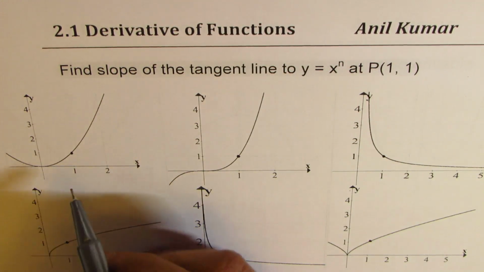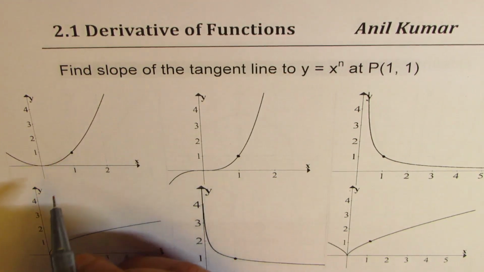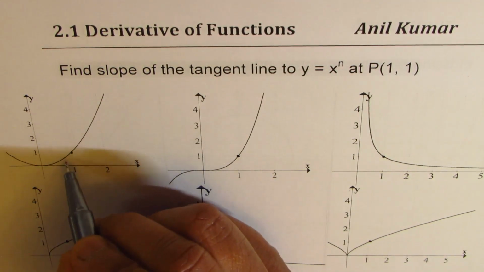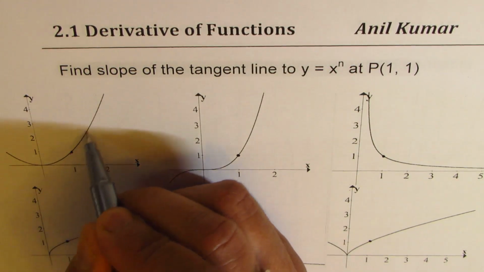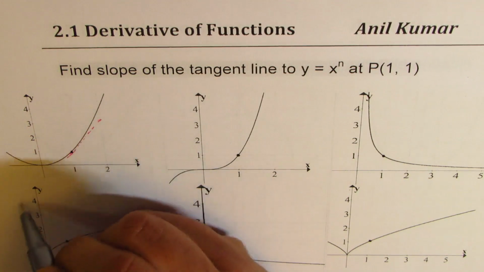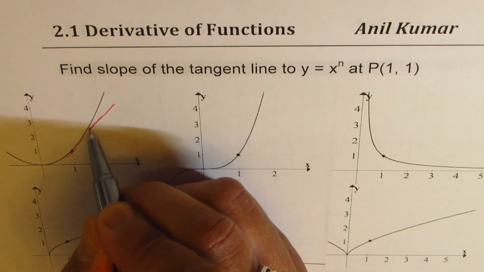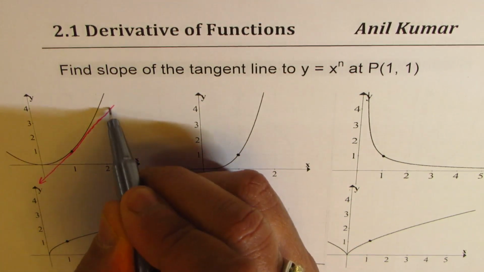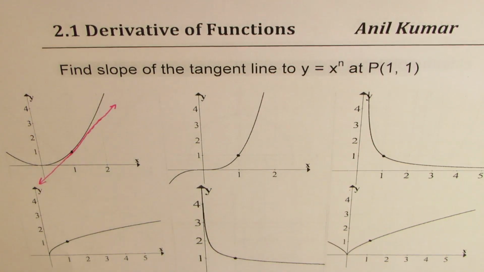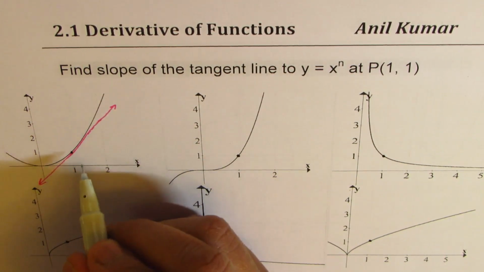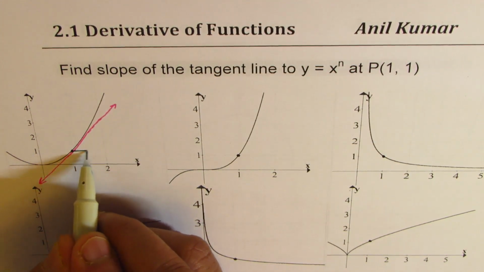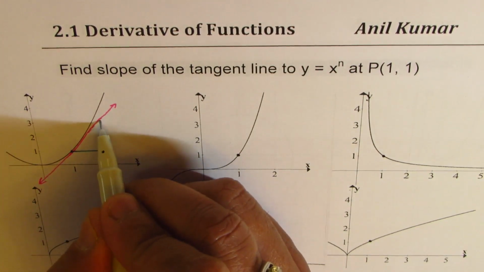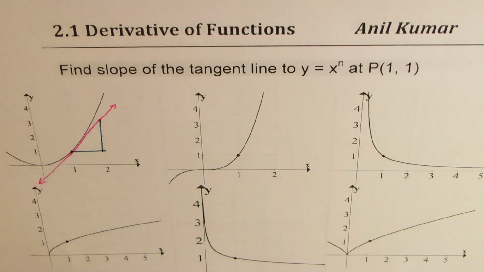To get the slope at a point, what we need to do is basically draw a tangent line, right? So at this point, I can draw a tangent line which could be like this. Do you see that? So let me just draw a tangent line. You have to do a neater job. I'm just showing you how to do it. And then what we see here is that we can now make a triangle, correct? So this is a good triangle which we have.